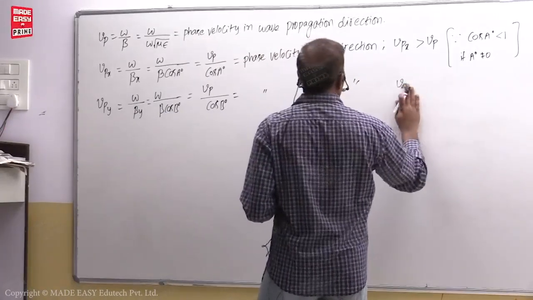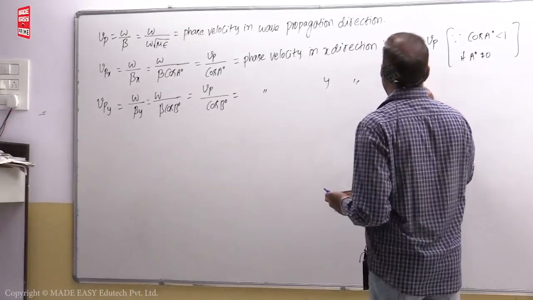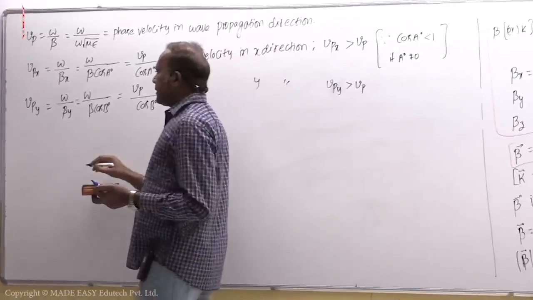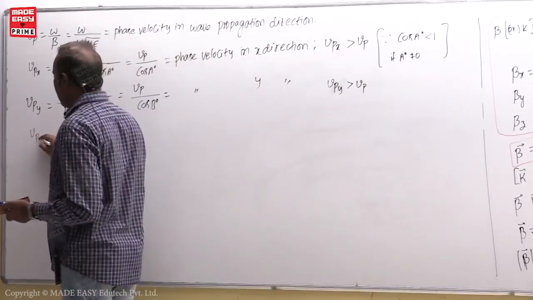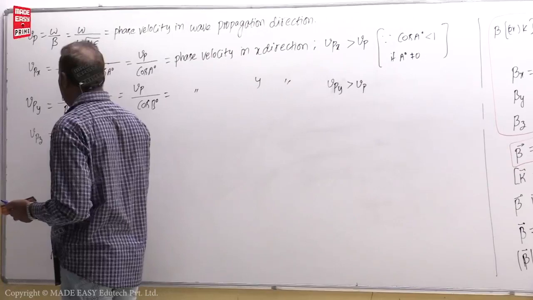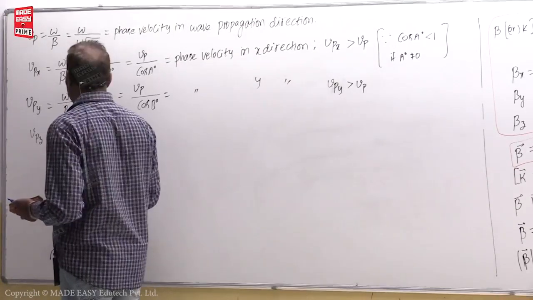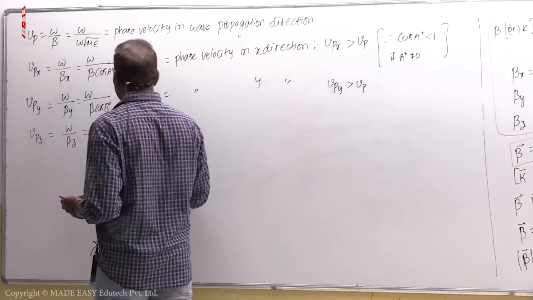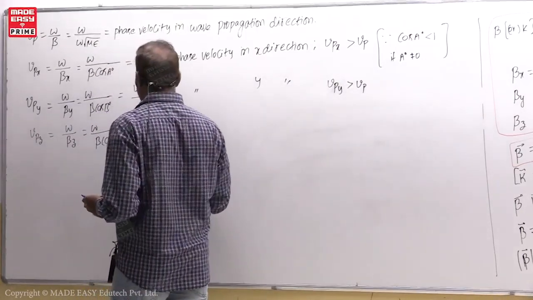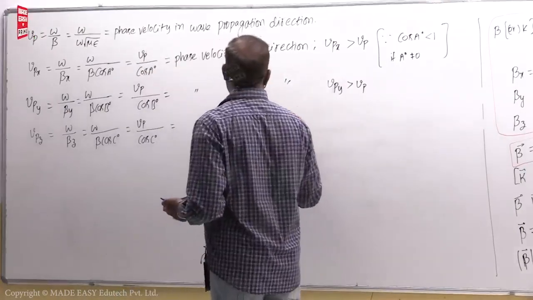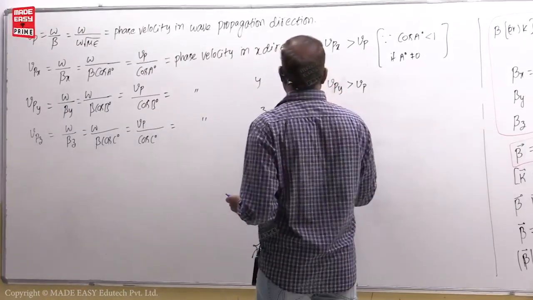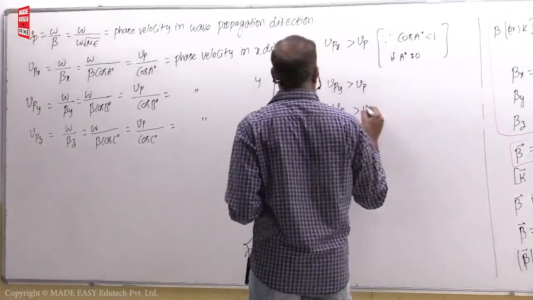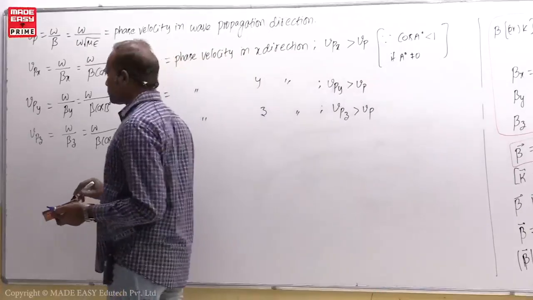In this way, the phase velocity in the y direction is also greater than the phase velocity in the wave propagation direction. Similarly, Vpz is equal to omega by beta z, that is omega by beta cos C degrees, the phase velocity divided by cos C degrees. So the phase velocity in the z direction is greater than the phase velocity in the wave propagation direction.